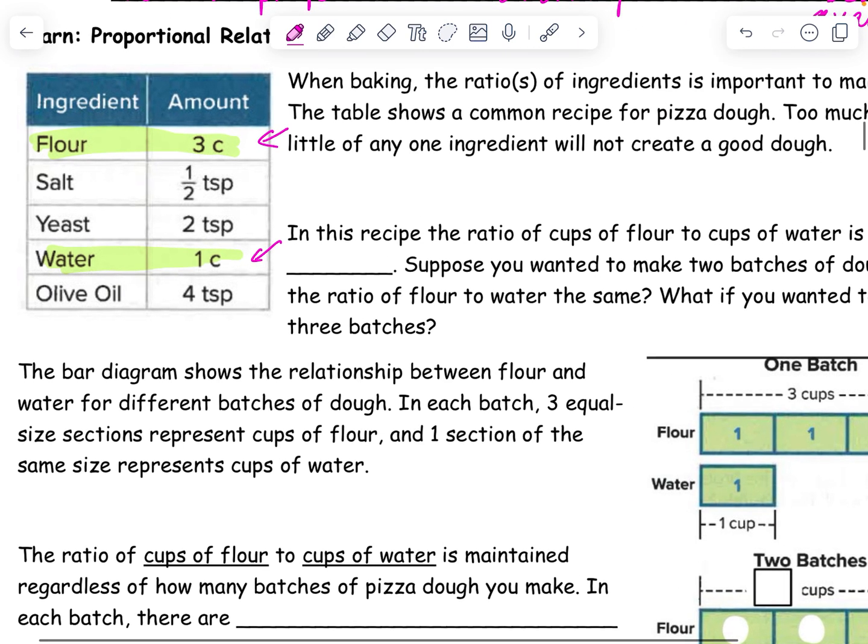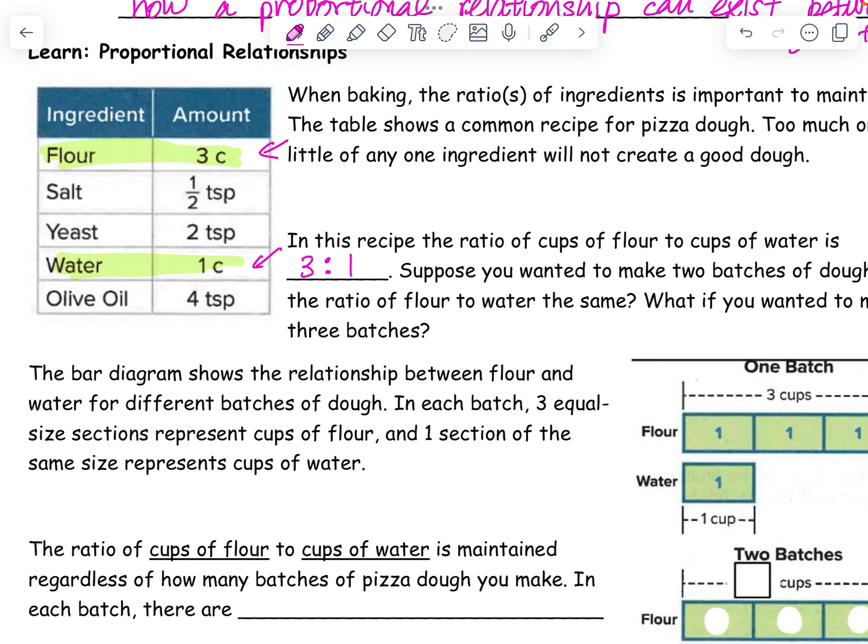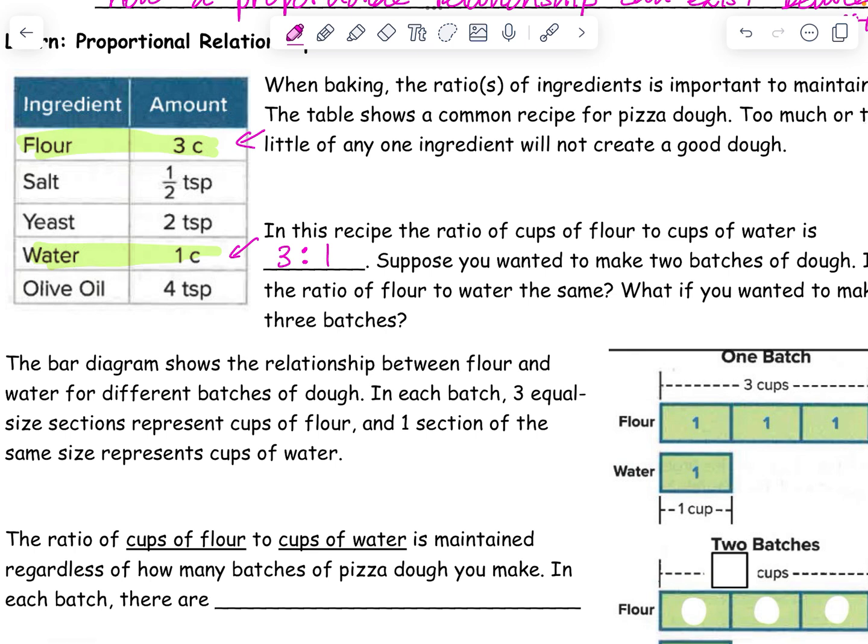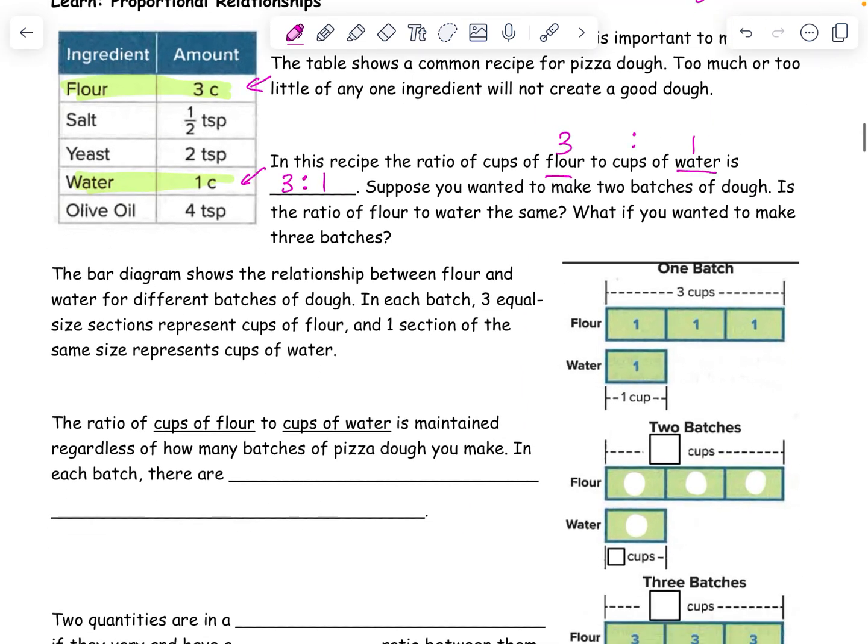We are going to use the colon, 3 to 1 like that, to indicate the ratio. And it says flour to water. So flour has to come first and then water comes later. Please take note of that. If it said water to flour, it'd be 1 to 3. But since it says flour first, and flour is 3 cups and water is 1 cup, it's 3 to 1.